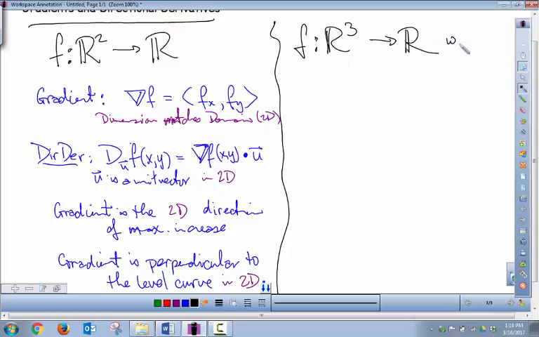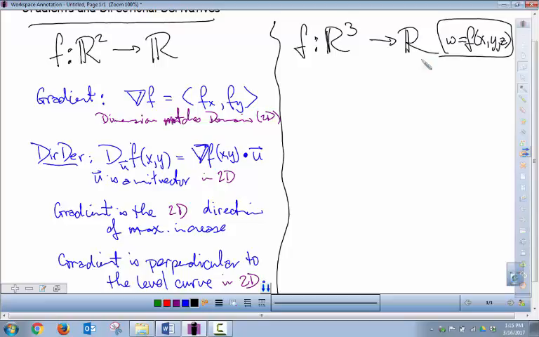So we can think about this as w as a function of x, y, and z, just so we get a semi-concrete visual of this. Line by line, we can match it up with what's happening in 2 dimensions. If your gradient is the first order partials made into a vector, now your gradient for this is also the first order partials made into a vector.